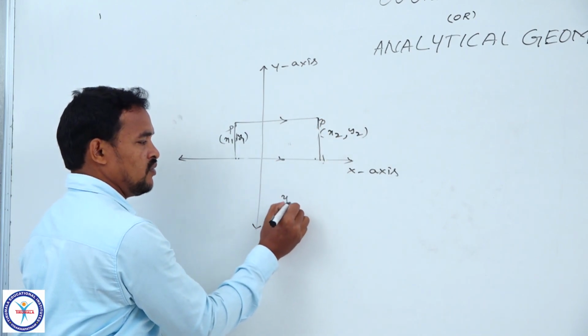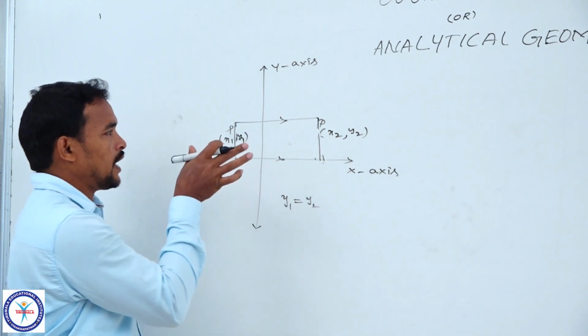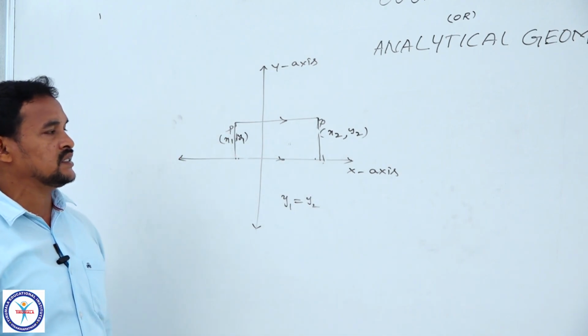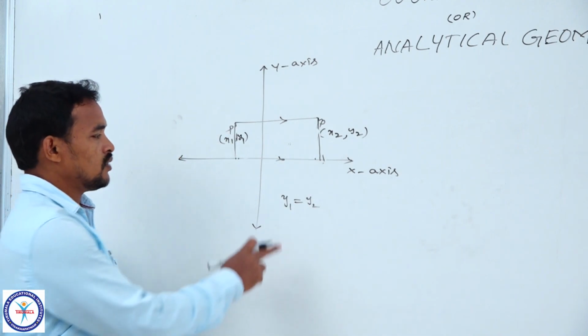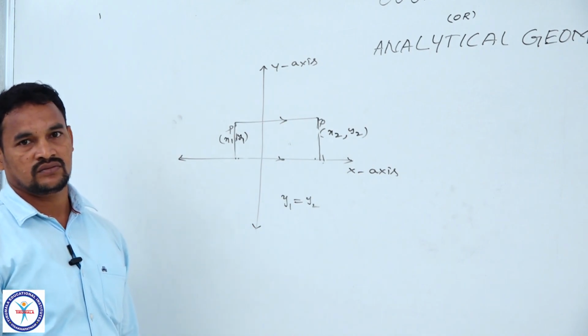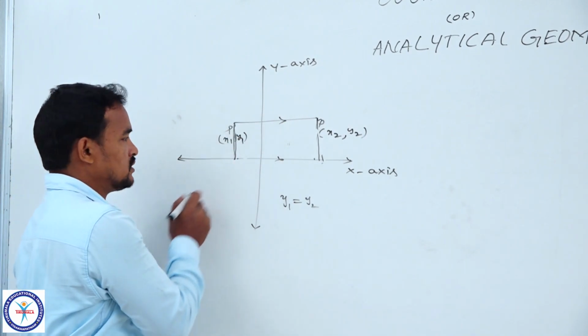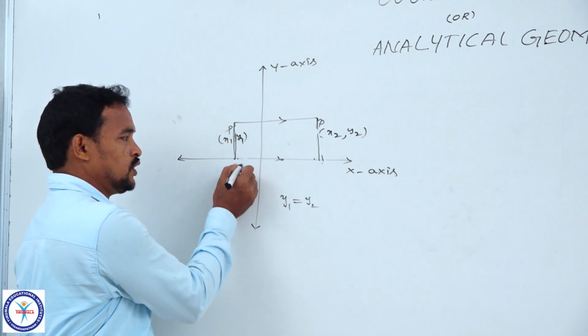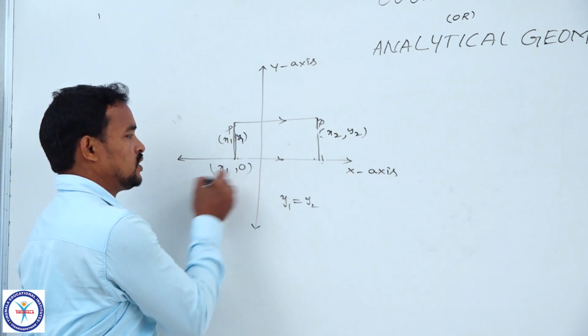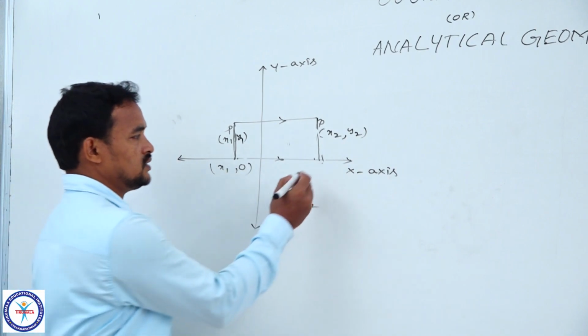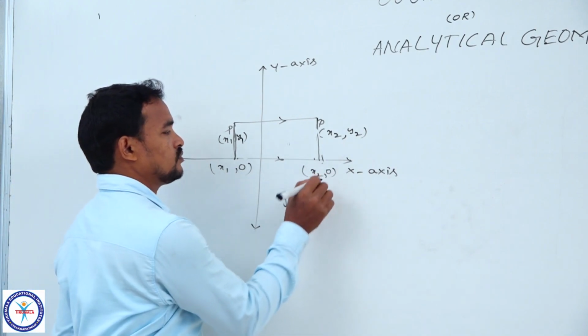That's why y1 equals y2. When the line segment PQ is parallel to the x-axis, what we observe is that y1 equals y2. Here, on the x-axis, the y value is 0, so the points look like x1 comma 0 and x2 comma 0.